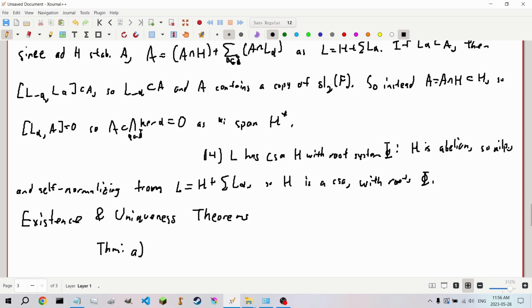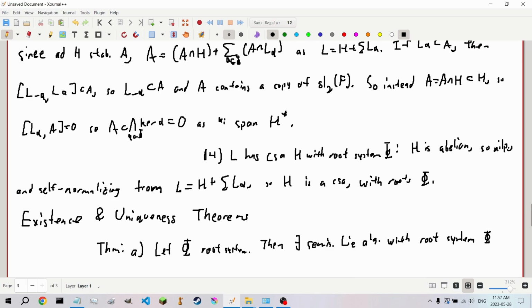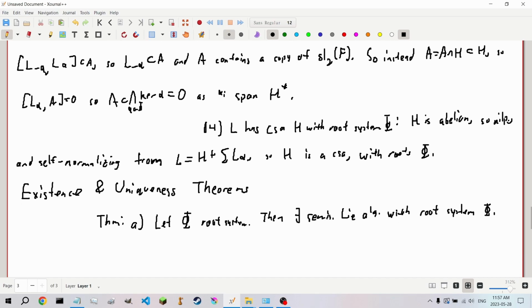Part A is let phi be a root system. Then there exists a semi-simple Lie algebra with root system being equal to phi. So for any root system there exists a semi-simple Lie algebra corresponding to that root system.